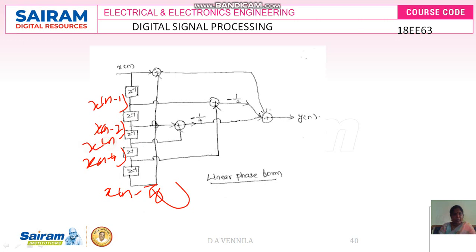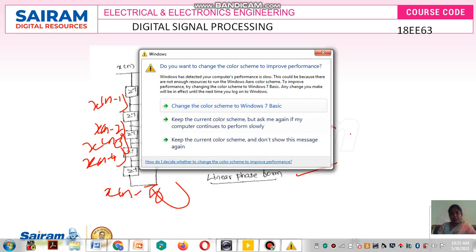So all will be added, and then finally you can write y(n). This is the linear phase realization of the FIR filter. Okay, thank you students. If you have any doubts, you can ask me in the comment box.